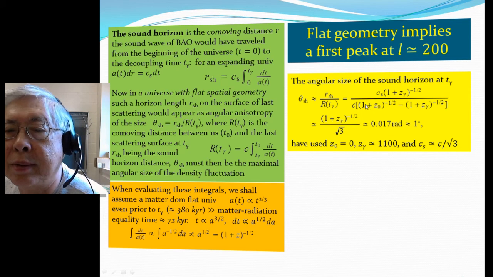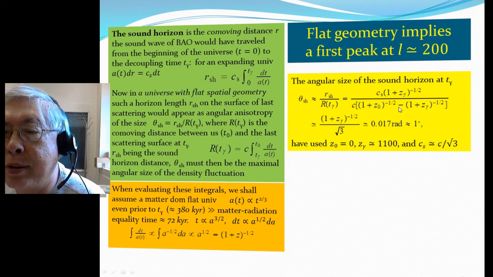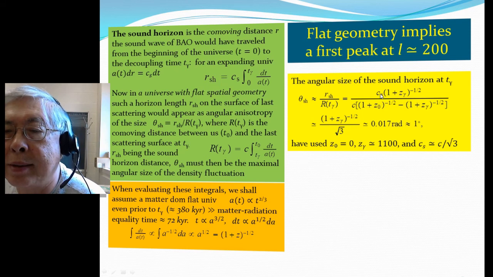But this number is 1 over 1,000, so this is a very small correction, and we can ignore it. So the denominator here is just 1. And cs over c is just 1 over the square root of 3. And here I just copy this numerator over.